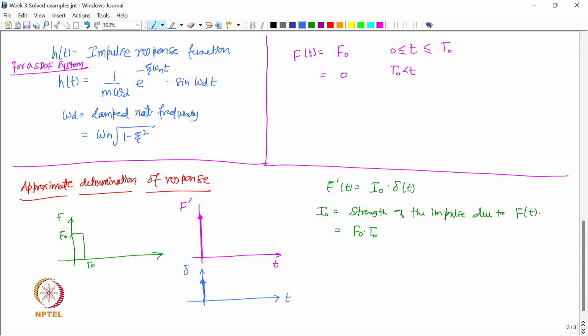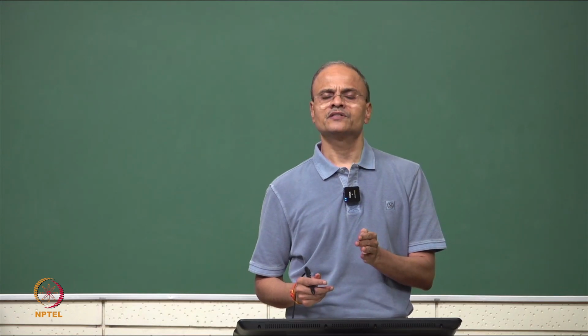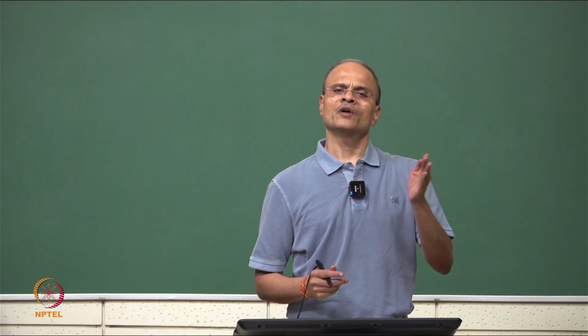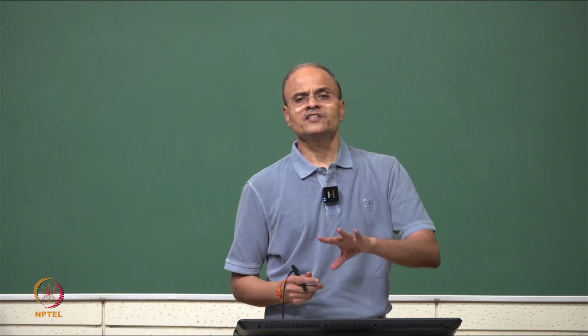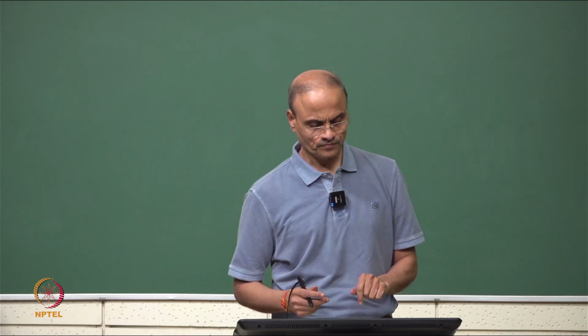It is an impulse concentrated at t equal to 0, and it rises to infinite height in infinitesimally small time, right. So, therefore, f dash is basically multiplying this delta by a scalar I naught, so that the impulse created by that function is equal to the impulse due to the actual force. So, that is the basis of equivalence.